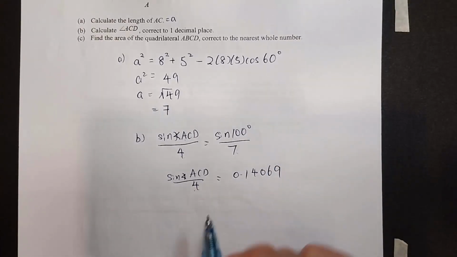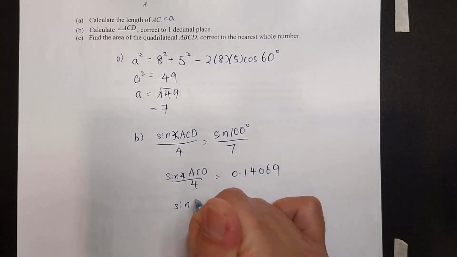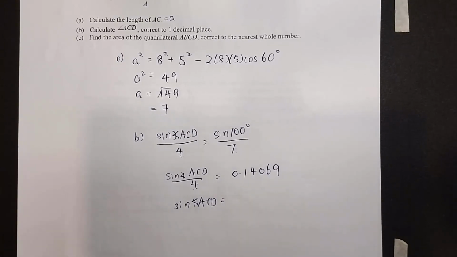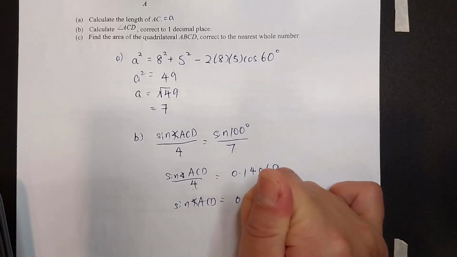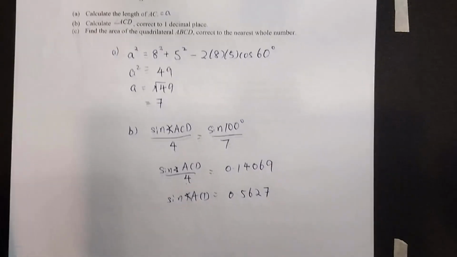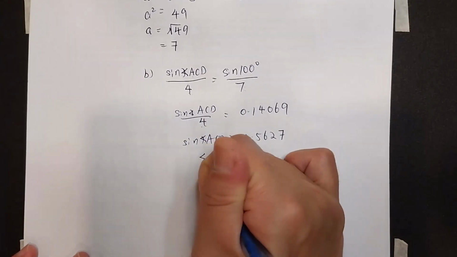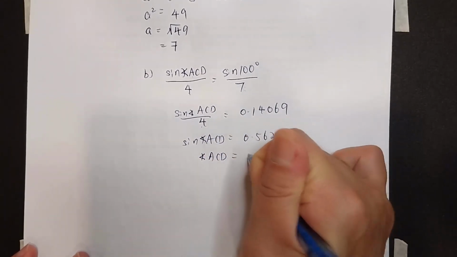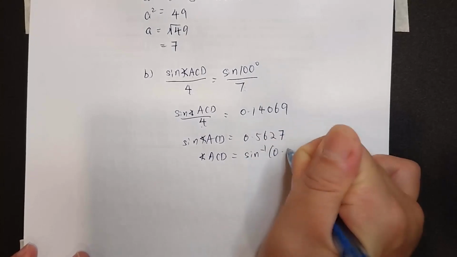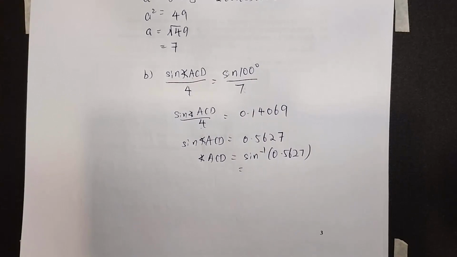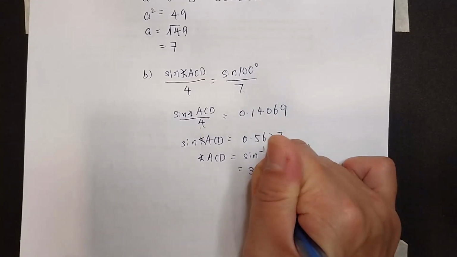So we'll multiply the 4 over, and we will have 0.5627. In order to get the angle, we will inverse the sine, and our answer will be 34.2 degrees.